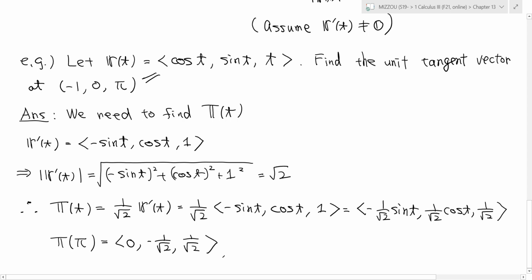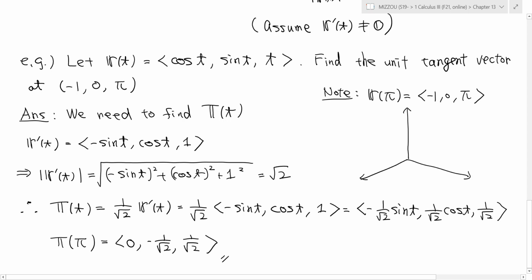So that's the answer. Let me just note here as a side remark, r of pi is negative 1, 0, pi. And then pictorially, like I said, this curve is a helix, it's a spiral. At t equal to 0, you are here, and then you just move up like this.